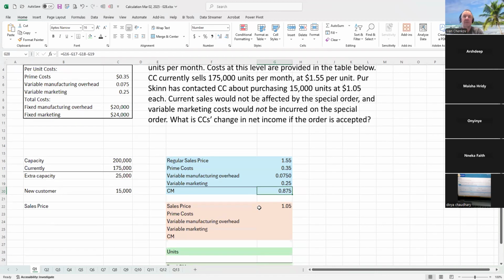Now, this company comes and says, okay, can you sell me 15,000 units with the sales price of 1.05? If we have to produce those units, which costs are we going to incur? Are we going to have prime cost?